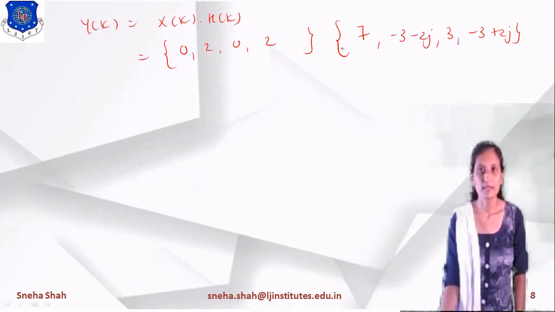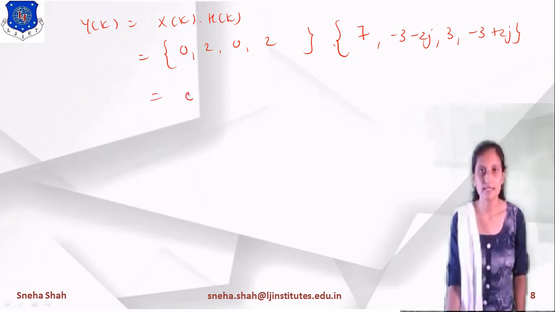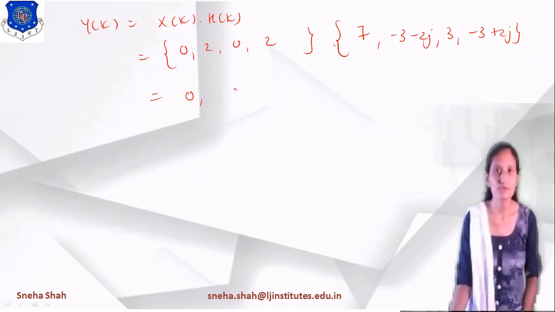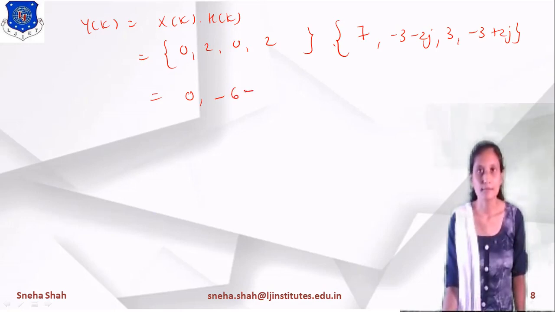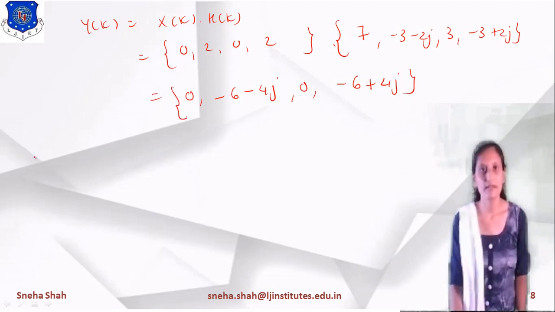So if I am multiplying these two element by element, then 0 into any term is 0. Next term is 2 into this, which gives the answer minus 6 minus 4j. And the next term is 0 into any term, means 0, and 2 into this term means minus 6 plus 4j, right? So this is your answer of y.